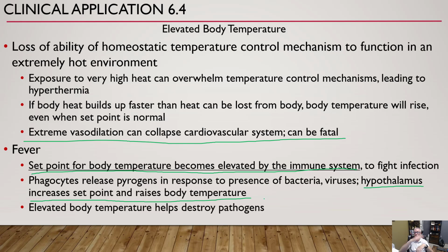Because now we're supposed to be at 101.5. So your hypothalamus will raise your body temperature to start fighting off that infection. And then we have this thing: elevated body temperature helps destroy pathogens.